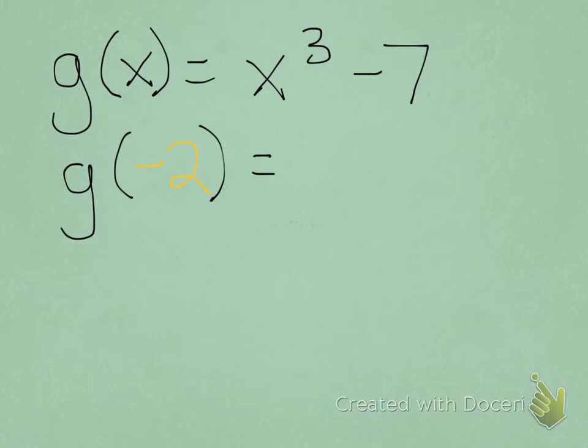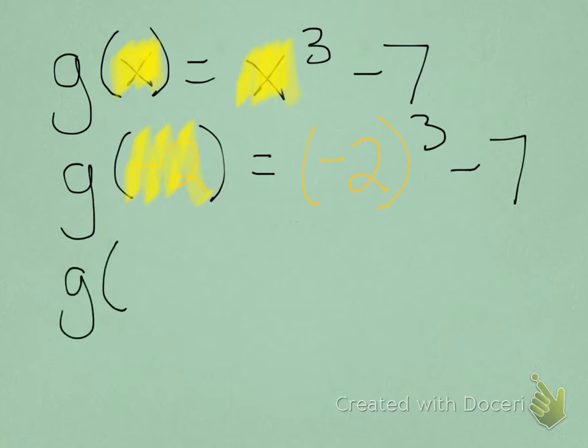So again, this is telling us that the x has been replaced with our negative 2. So everywhere we see an x, we will replace that x with our negative 2. So we'll now have negative 2 raised to the third power, or cubed, minus 7.